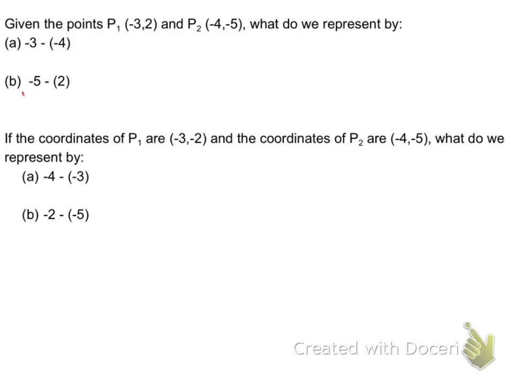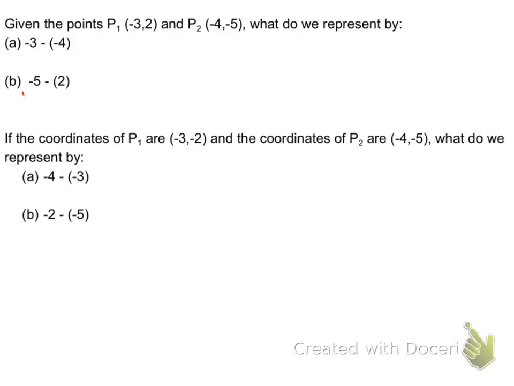I have 4 problems on the board. The first one, part A, deals with the point 1 being negative 3, 2. Point 2 being negative 4, negative 5. What does the change from negative 3 minus negative 4 represent? Which variable and what is my direction?